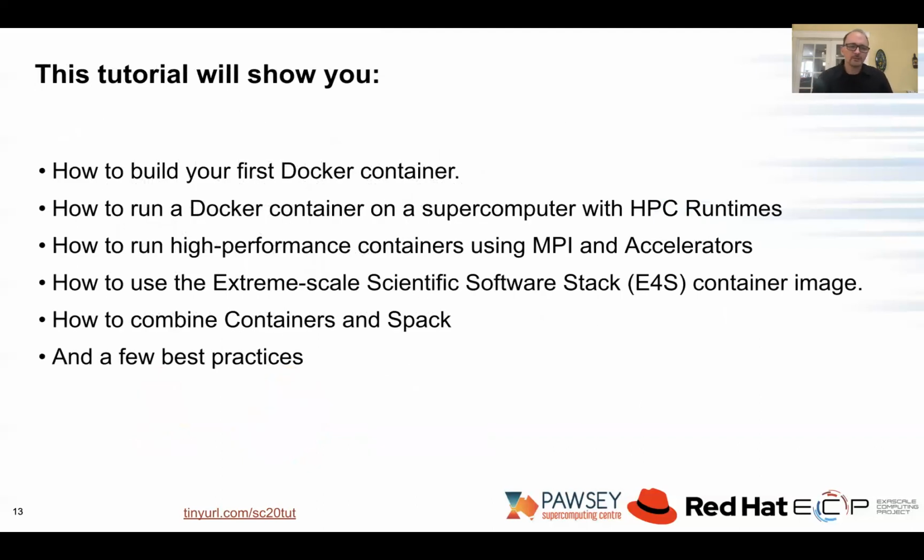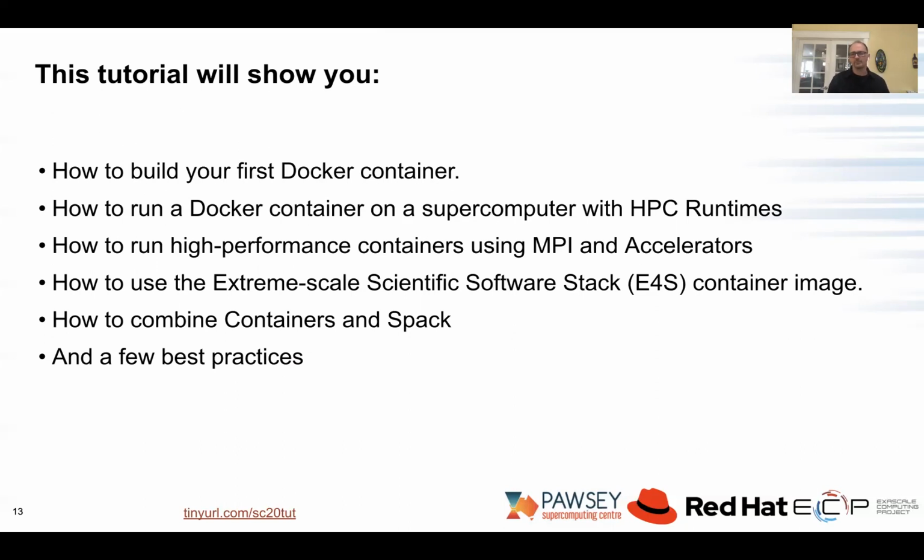So what we'll cover in this tutorial is how to build your first Docker container and image, and how to get those started. We'll look at how you can take those and run them on a supercomputer using one of these HPC runtimes. We'll delve into how you can use things like MPI and accelerators in these as well.